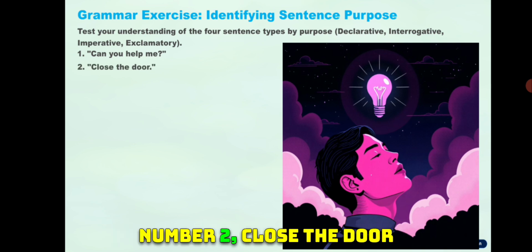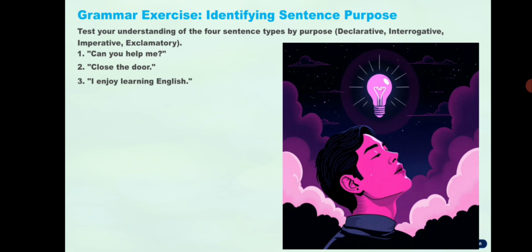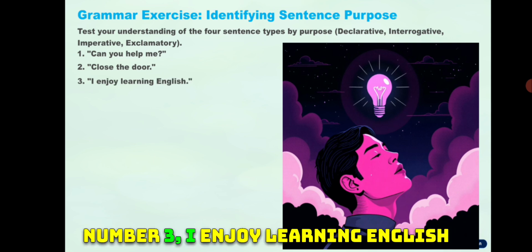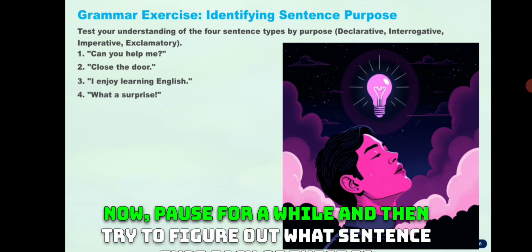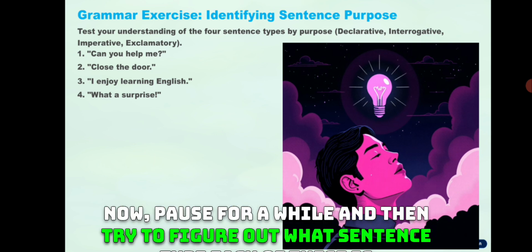Number 2, close the door. Number 3, I enjoy learning English. Number 4, what a surprise. Now, pause for a while and then try to figure out what sentence type each of these is.